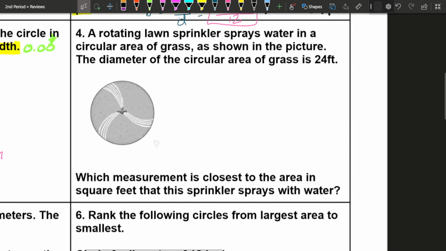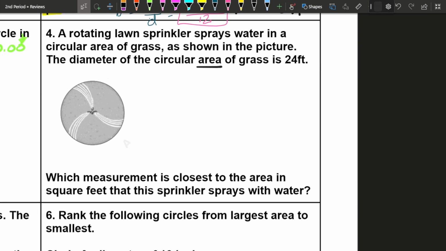Now for question 4, we're moving from circumference to area. It says a rotating lawn sprinkler sprays water in a circular area of grass as shown in the picture. It says the diameter of the circular area is 24 feet.